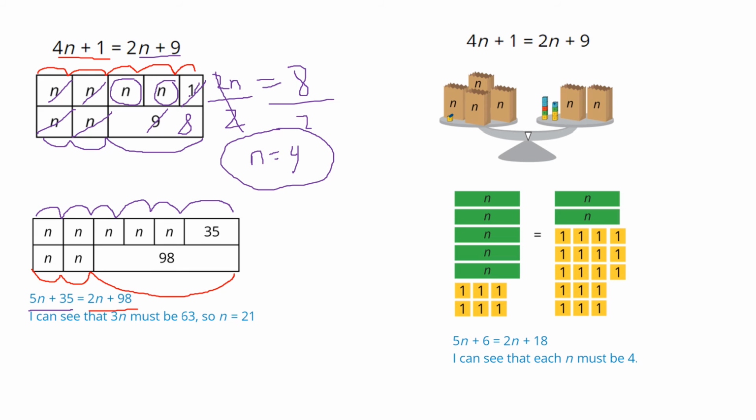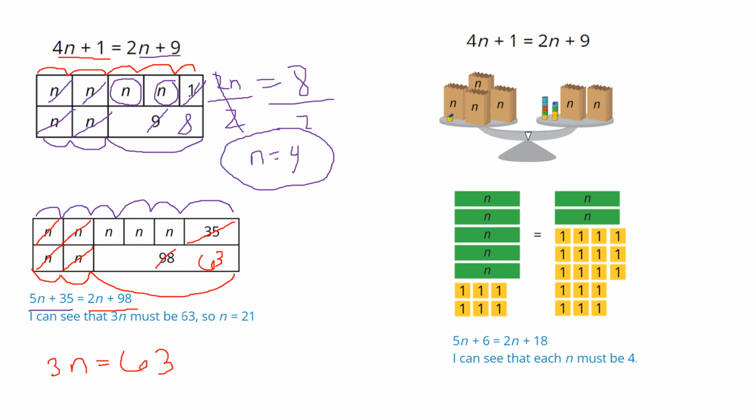Again, to isolate those, I take 2 n's from the bottom, or 2 bags away from the bottom. I do the same to the top. That gives me 3n. And if I take the 35 from the top, I have to take 35 from the bottom also, which leaves me with 63.